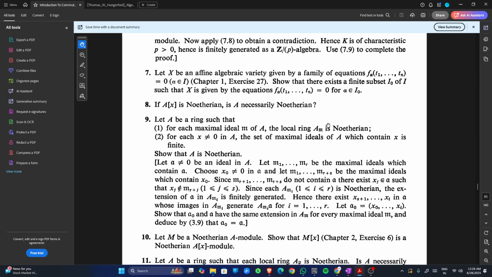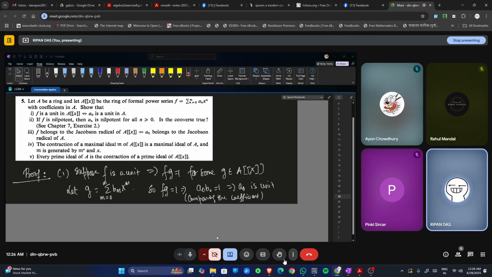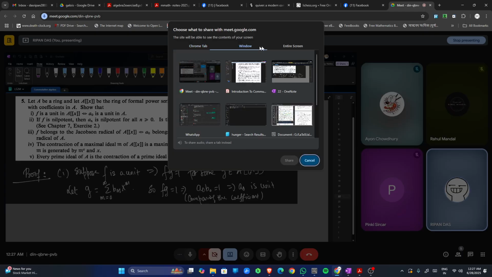So what about problem 8? Can you kindly show it on the screen? Okay, so problem 8 is saying that if the polynomial ring is Noetherian, then is A necessarily Noetherian? Let me show that. Here is the problem.